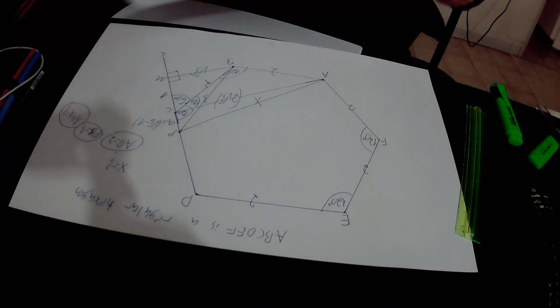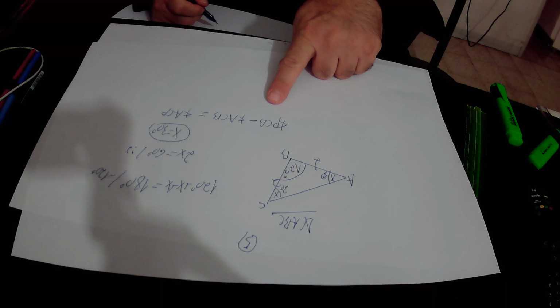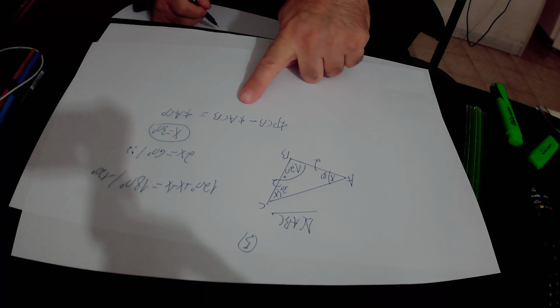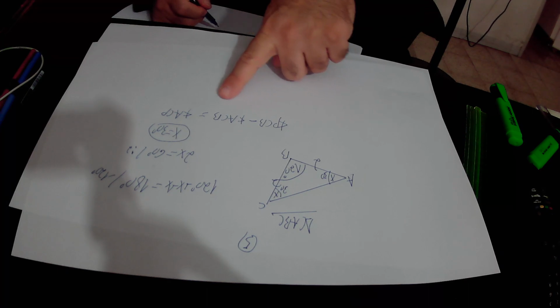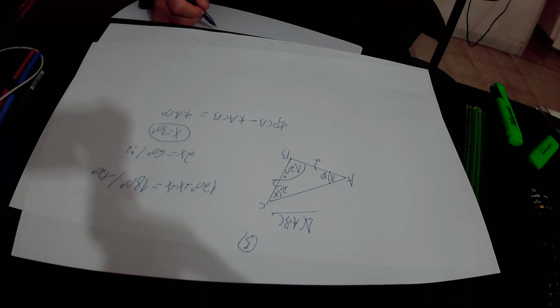Repeat again, angle PCB is equal to 120 degrees minus angle ACB, that is equal to 30 degrees, equals angle ACP.